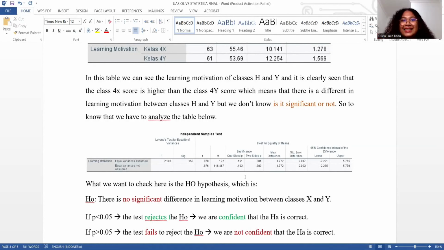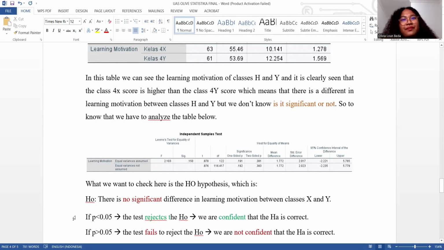That means these tables conclude that there is no significant difference in learning motivation between class X and Y. Why? Because the p-value here is higher than 0.05. That means the test failed to reject our H0, and we are not confident that HA is right.